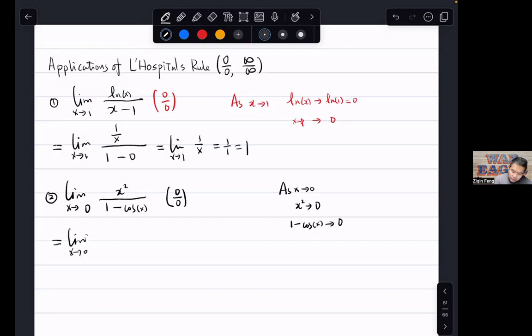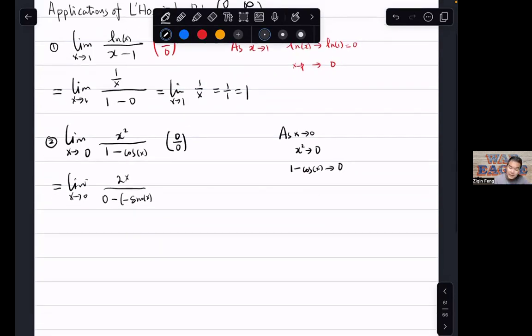So this is the same as the limit as x goes to 0 of 2x over 0 minus negative sine of x. The derivative of cosine is negative sine. So this is equal to the limit as x goes to 0 of 2x over sine of x. Now, if you plug in 0, you still have 0 over 0. Sine of 0 is 0, 2x is 0.